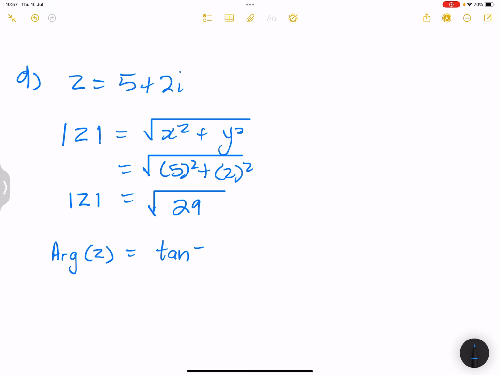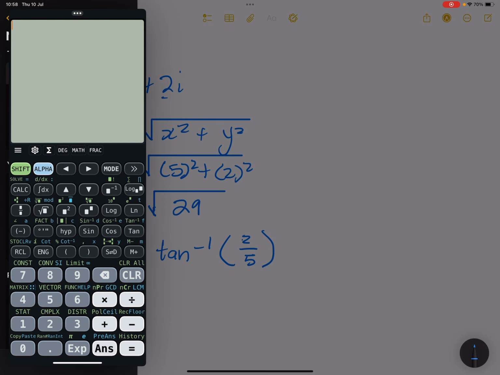We said you can say arctan, that's y over x. So our y value is 2 divided by our x value, which is 5. So shift tan of 2 divided by 5.